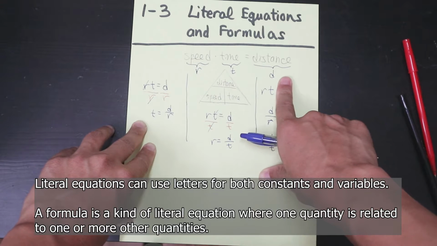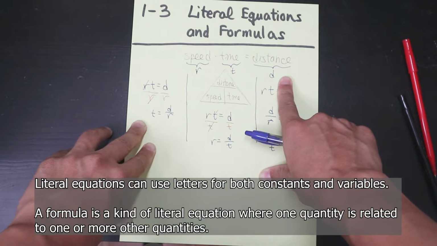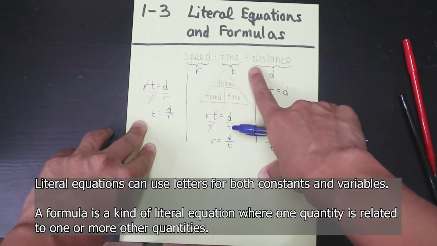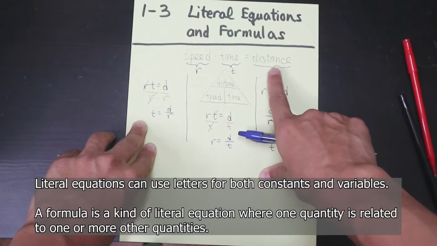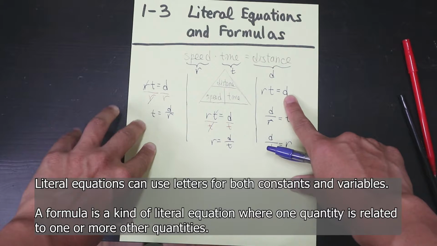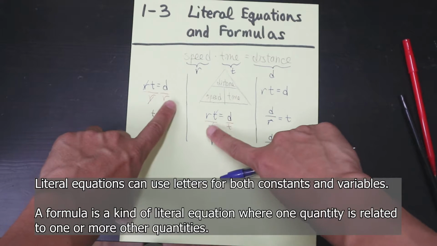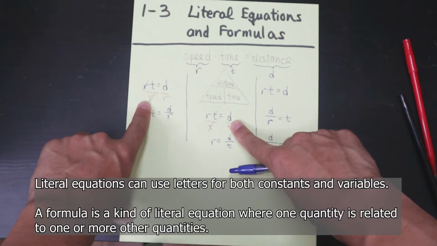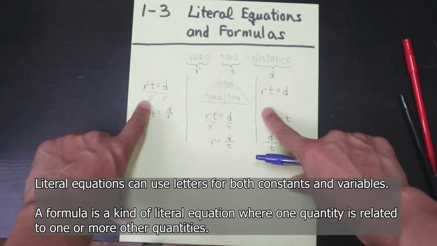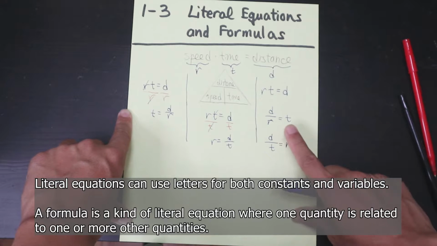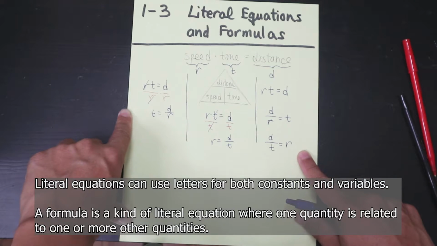All these may represent some numbers if you know them, or they just represent variables if you don't know them. And we could always use properties of equality. In this case, we use the division property of equality to change the formula a little bit in terms of the way it looks, and it still represents the same thing.